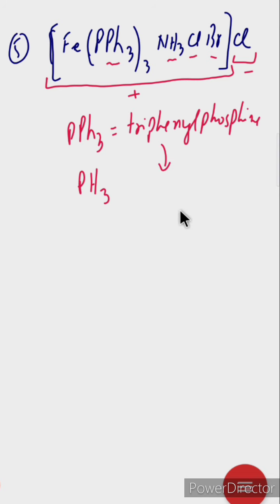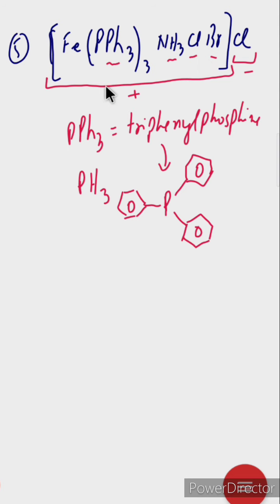So the structure of triphenylphosphine is, this is phosphorus, and to this phosphorus 3 phenyl groups are attached like this. These are the 3 phenyl groups. Benzene ring is there, phenyl is the benzene. This is PPh3, and this is a neutral ligand, and this is ammonia, again neutral, Cl is negative, Br is negative, right?